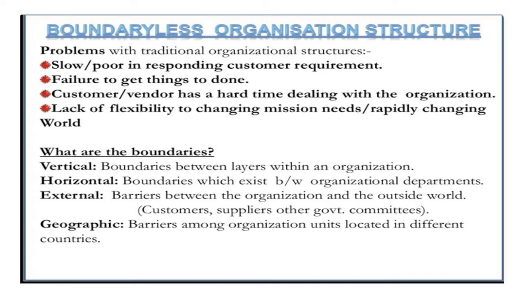The boundaries are vertical, between layers within an organization; horizontal, between organizational departments; external, between the organization and the outside world; and geographic, among organization units located in different countries.